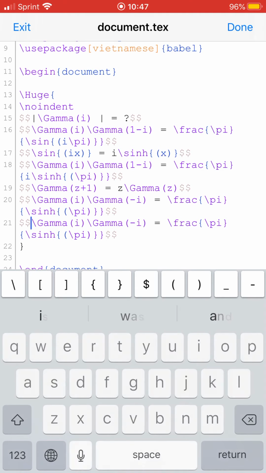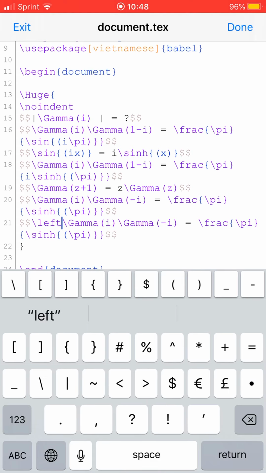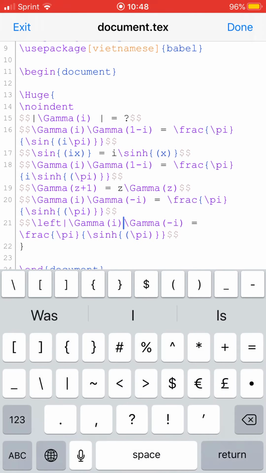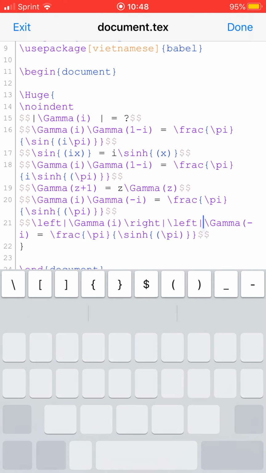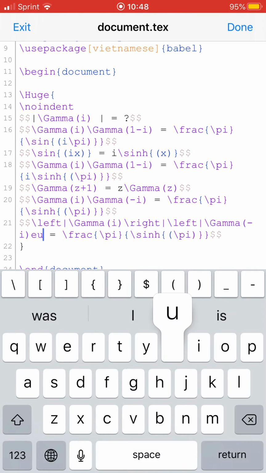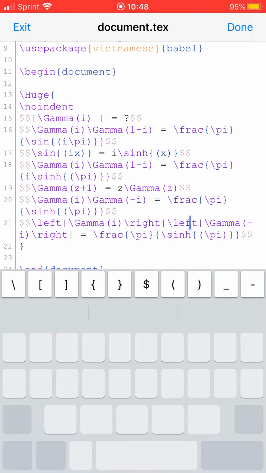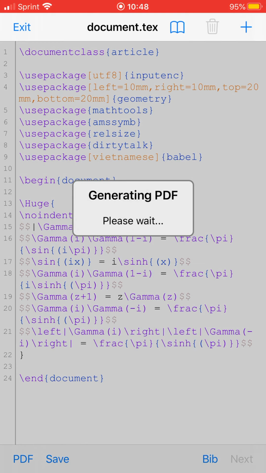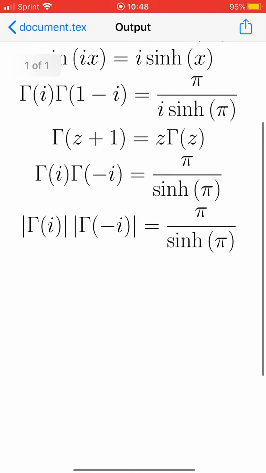Alright, so after taking the modulus of both sides, the modulus of gamma of I times the modulus of gamma of negative I equals pi over sinh pi.